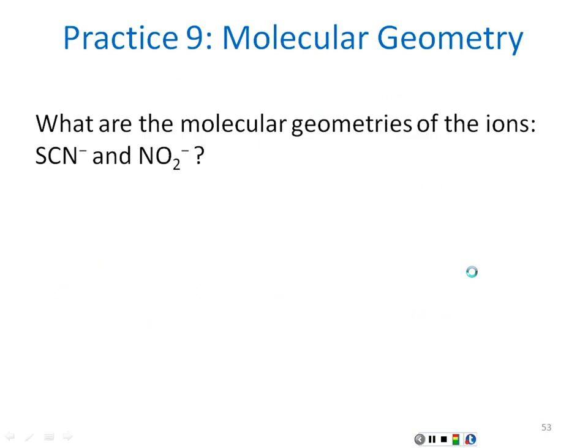Okay, let's try some practice questions with molecular geometries. What are the molecular geometries for the SCN-1 and NO2-1 ions? Okay, our first step is to draw the Lewis structures.